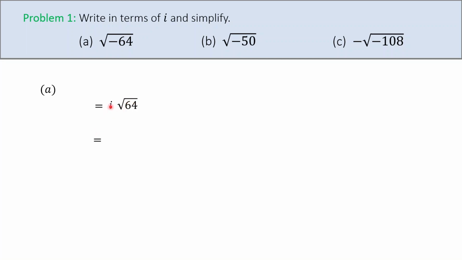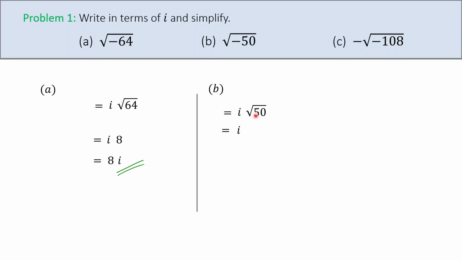This is equal to I, square root of 64 is 8, so first write this number, then I. Now this one, this is equal to I square root of 50. Put an I and remove the negative sign. This is equal to I.